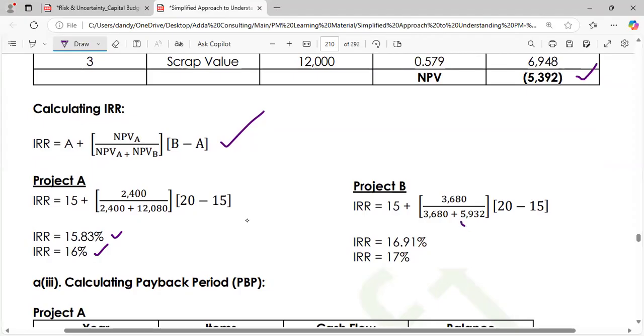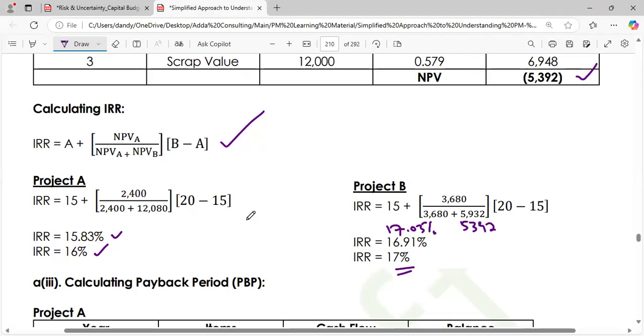This one's supposed to be 5392. So this one will be 17.03%, approximately 17%. So it's a typo error, okay?